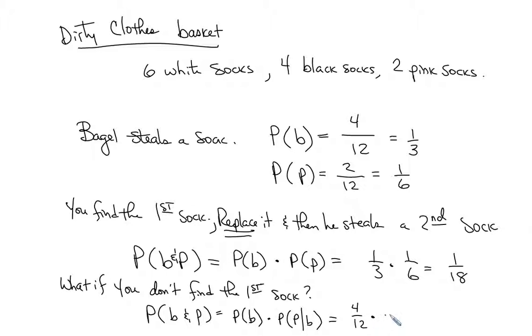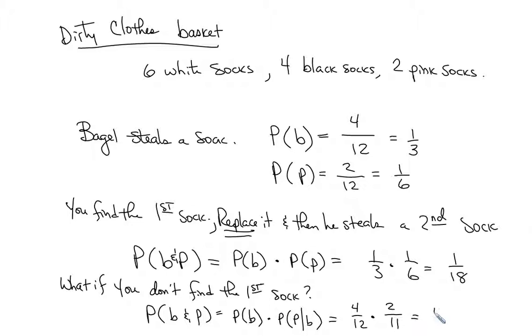How many socks are now left in the drawer? 11. Of those 11, how many are pink? 2. So notice the top number didn't change this time, but the bottom number did. On dependent, you're guaranteed that the bottom number will change. There is no guarantee that the top number will change. Depends if you're choosing one of the same things again or not.